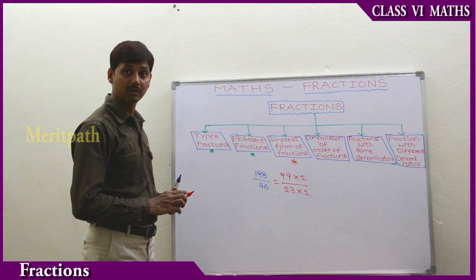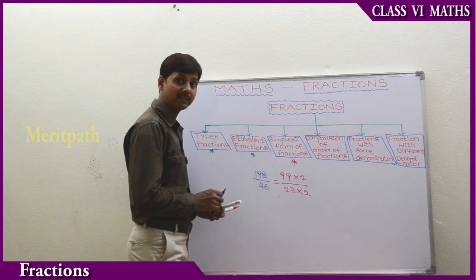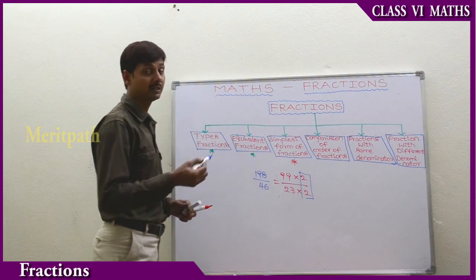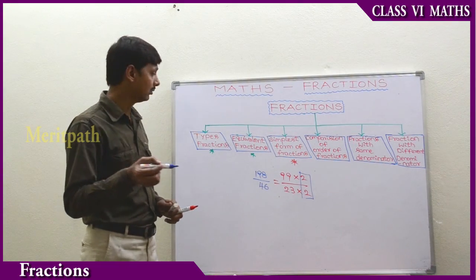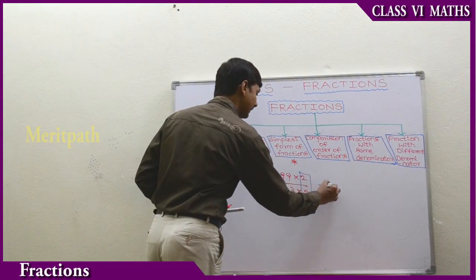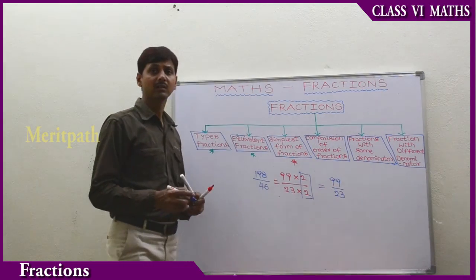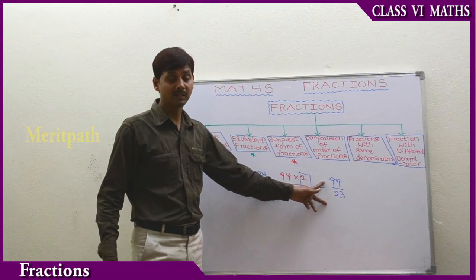So if we take the common factor 2 by 2, both the numerator and denominator are the same. As we know, 2 by 2 is what? So we can cancel 2 by 2. So we'll be getting 99 by 23. Let's see whether any common factor is present in the numerator and denominator.